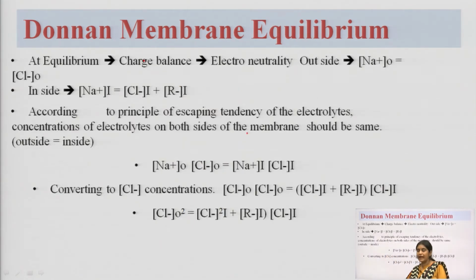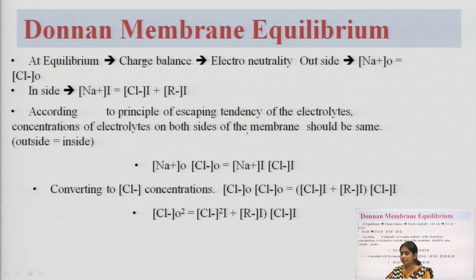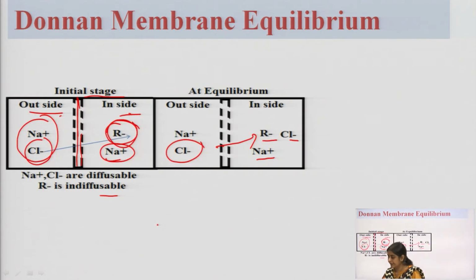Now, at equilibrium, as we know that the charge is balanced on both the sides of the membrane, means here the positive charges will be same as that on the other side of the membrane, and even in this chamber we can see that at equilibrium, the number of positive charges will be equal to the number of negative charges.